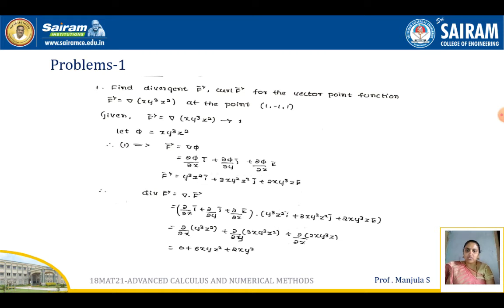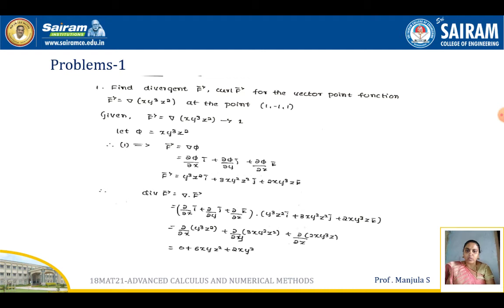Next, they asked us to find the divergence and also the curl for the given vector f. First we'll find the divergence. Divergence is nothing but del dot vector f. We'll write the definition of del: del is dou by dou x into i cap, dou by dou y into j cap, plus dou by dou z into k cap.